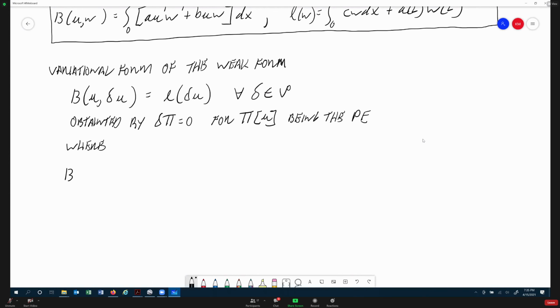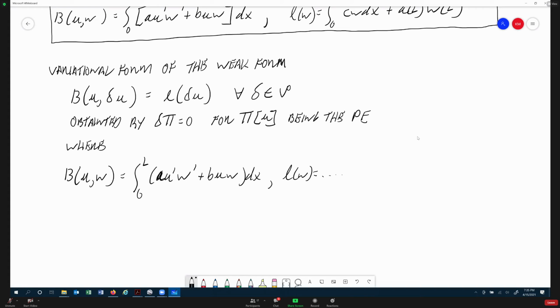Where B(u, w) is equal to the integral from 0 to L of (A u prime w prime plus b u w) dx, comma L(w).